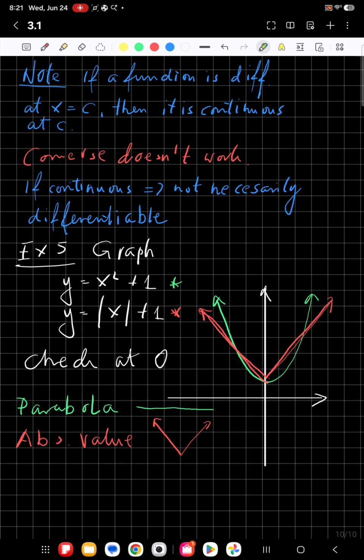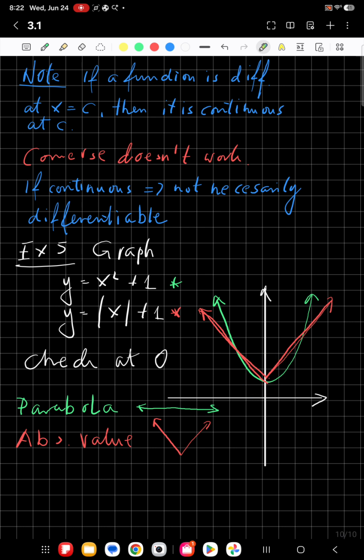You cannot find the tangent line to a point; the tangent line needs to be to a curve. So the conclusion is that the first function will be differentiable at 0, but the second one will not be. So it illustrates what we said over here. That second function, the absolute value, even though it's continuous at that particular point, there is no derivative.